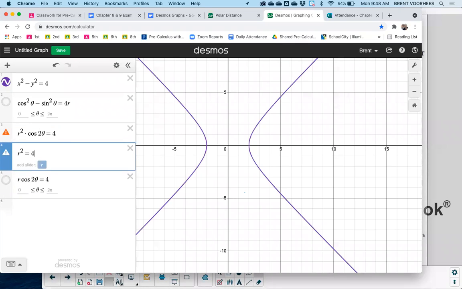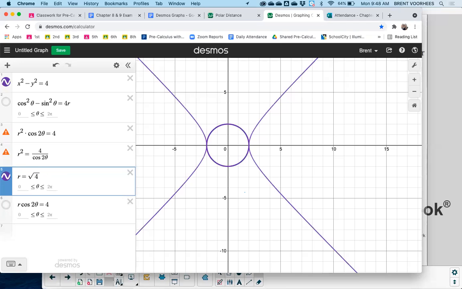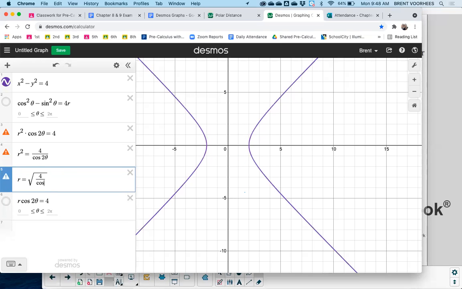R squared equals 4 divided by cosine 2 theta. Okay, it's still saying it must be solved in terms of R. We need to get rid of the square. How do you get rid of a square? Square rooted. Okay, square root of 4 divided by cosine 2 theta.